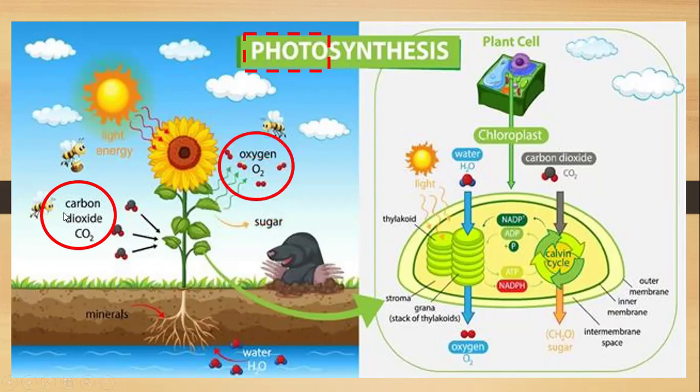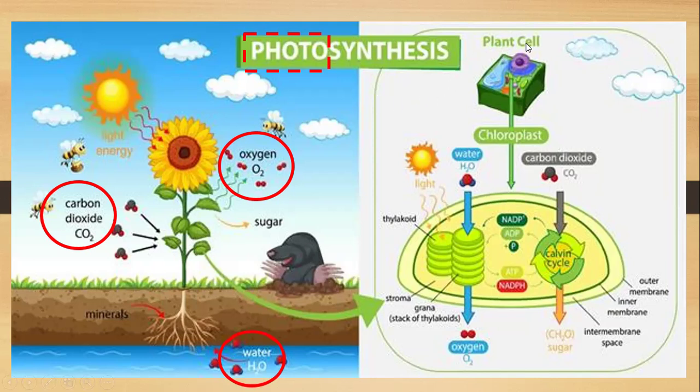The plants acquire carbon dioxide and release oxygen in the process of photosynthesis. And what is the other essential component? One is sunlight, one is carbon dioxide, and here that is water. In the presence of chlorophyll, they carry out the process of photosynthesis.